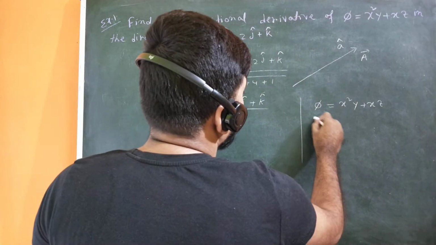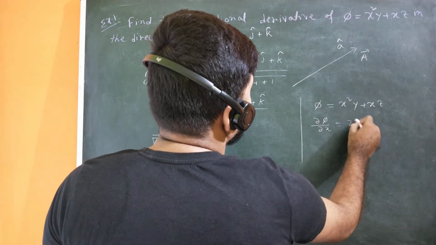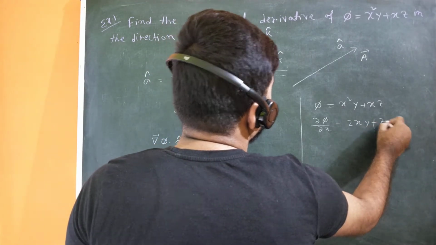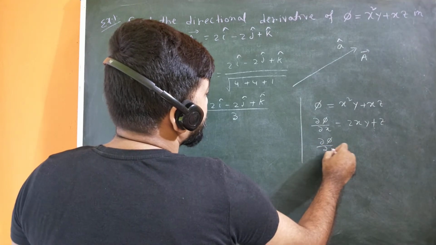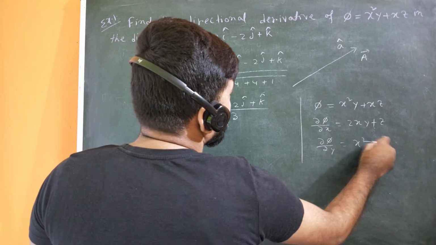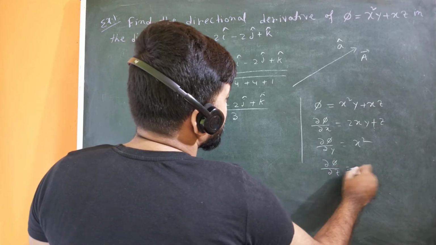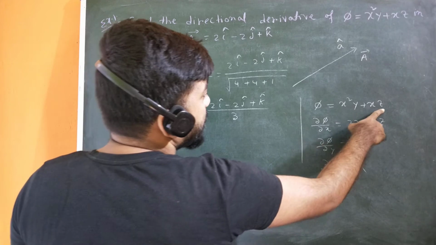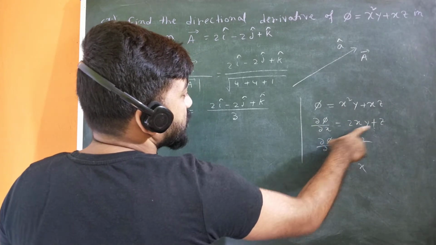If you find del phi del x, it will give you 2xy plus z. And del phi del y will be x square, and del phi del z will be just x. With respect to x, y is constant and z is constant, so the derivative of x square is 2x, so it is 2xy plus z.